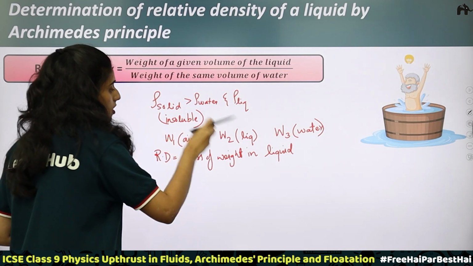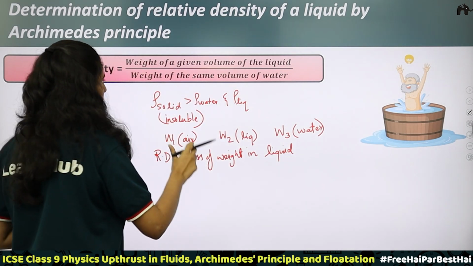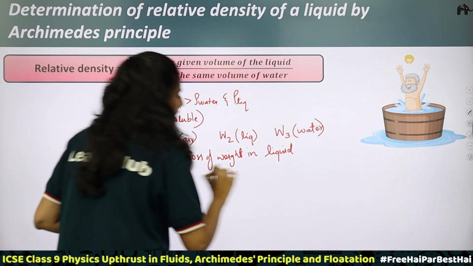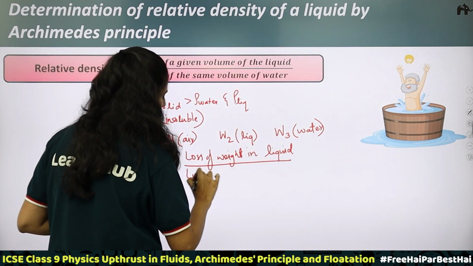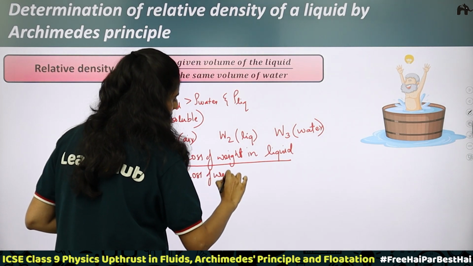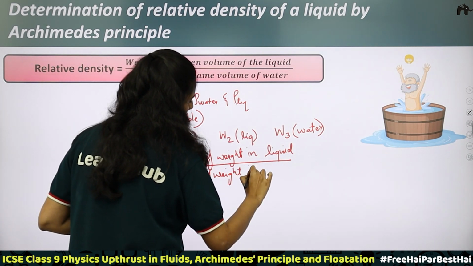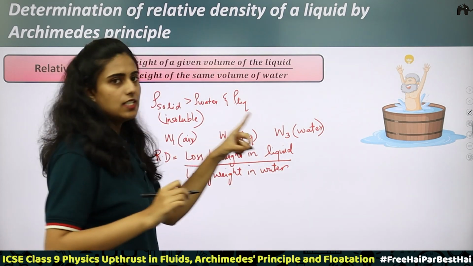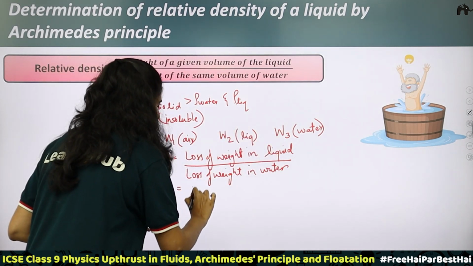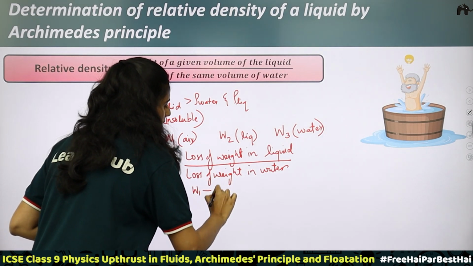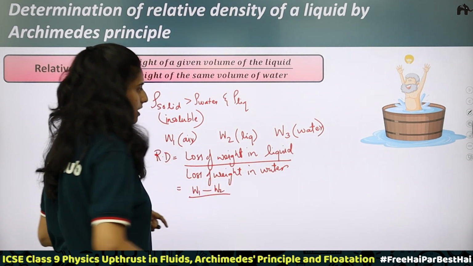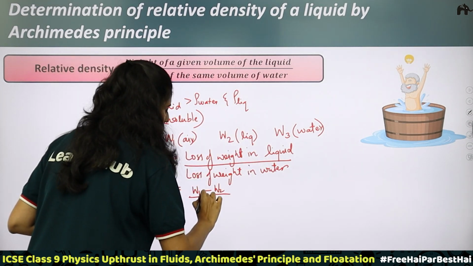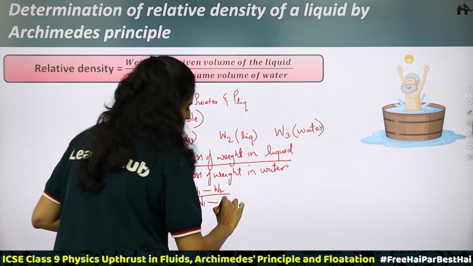The body's loss of weight in the liquid will be equal to the weight of a given volume of the liquid, divided by loss of weight in water. So, what is the loss of weight in liquid? It will be weight in air W1 minus weight in liquid W2, divided by the loss of weight in water, which is weight in air W1 minus weight in water W3.